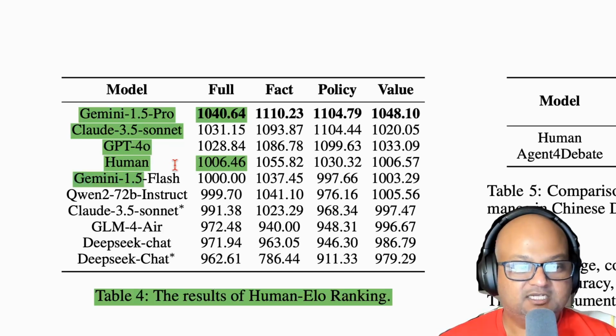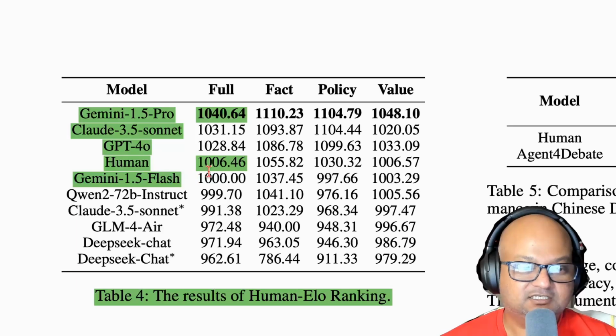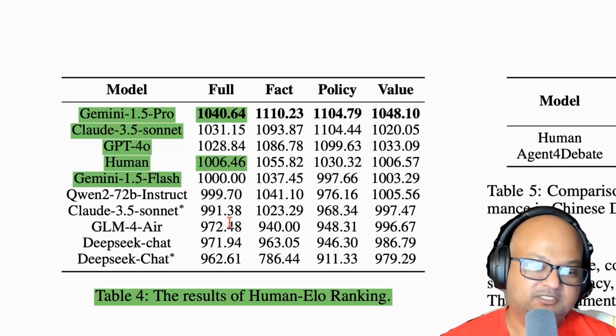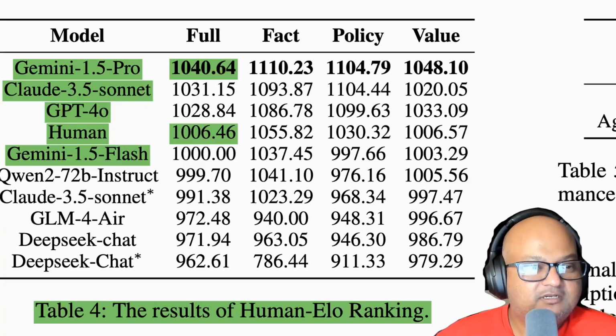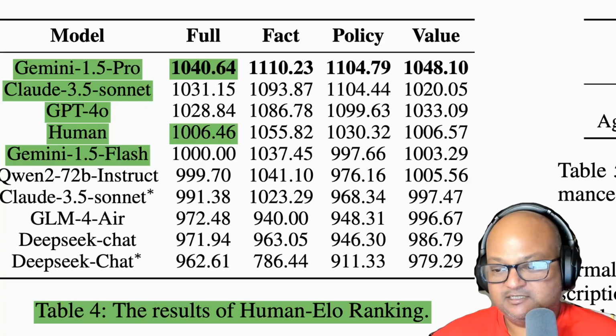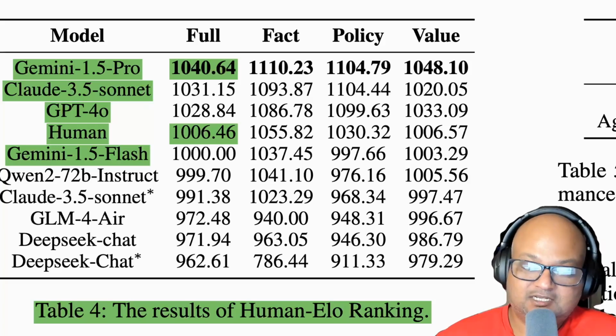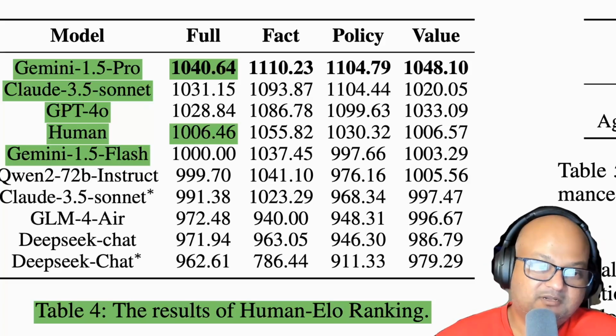And even here, Gemini 1.5 Flash is just narrowly behind human performance. So that was a quick look at an LLM-based agentic system for competitive debating. And in their evals, it looks like it beats human debaters.